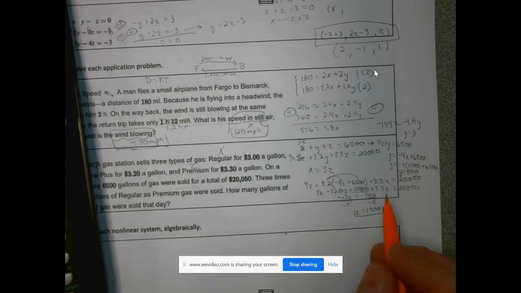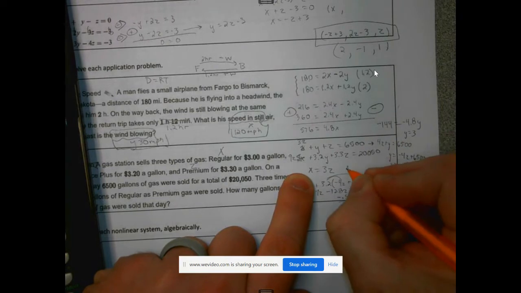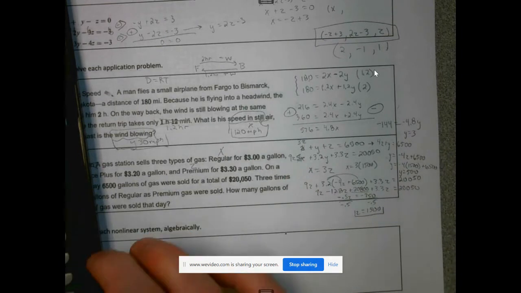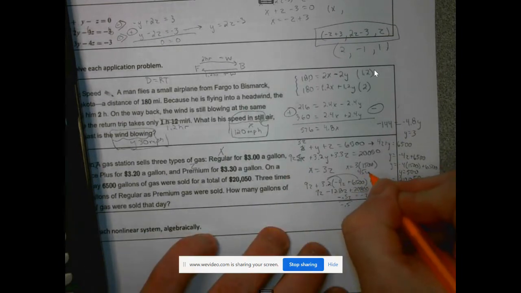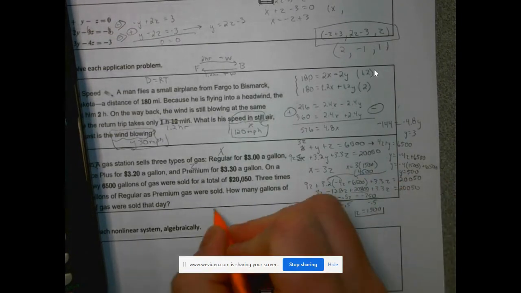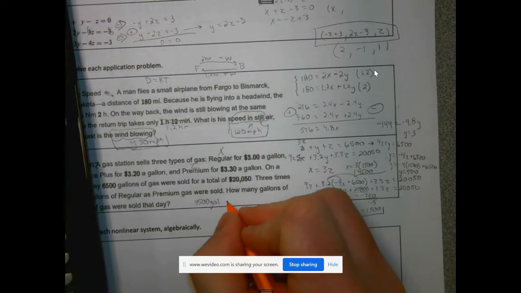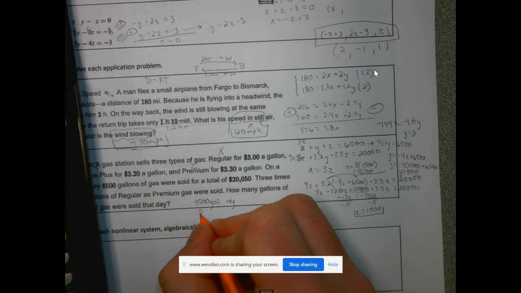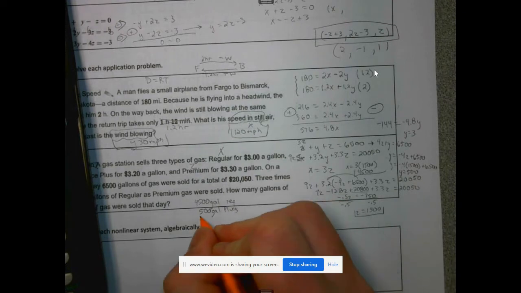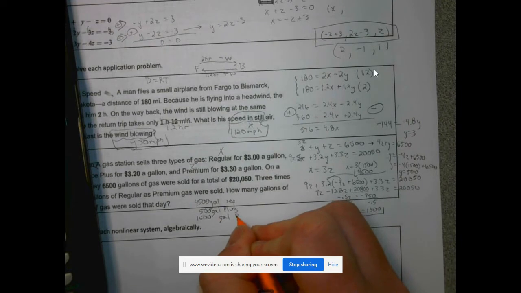And then I can take Z in right here and say x equals 3 times 1,500 and get 4,500 for your regular. Okay, so make sure that you label everything. So you got 4,500 gallons regular. You have 500 gallons of performance, and you have 1,500 gallons of your premium.